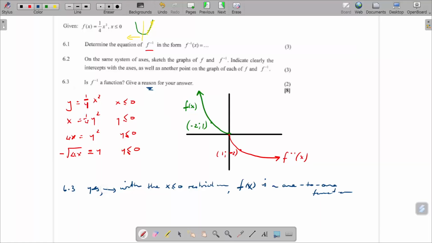Or I would say as an alternative, a vertical line test only cuts f to the minus 1 of x once at most. Okay, because remember the definition of a function was that a vertical line may only cross the graph a maximum of once. Okay, the answer of it doesn't cross is actually an answer.